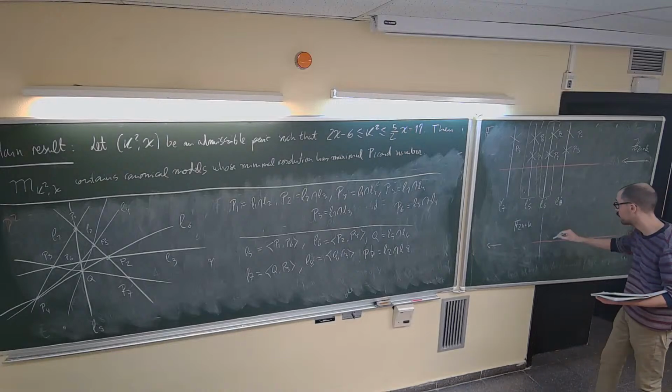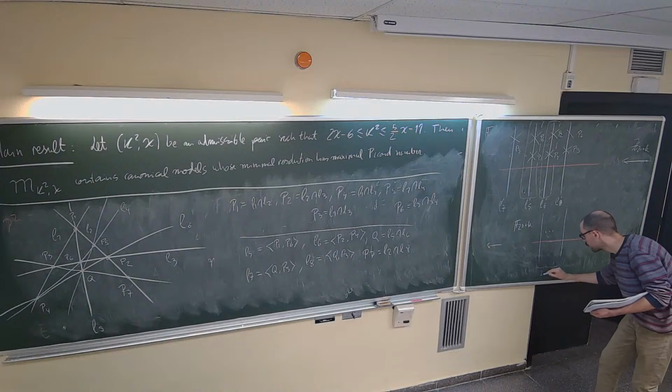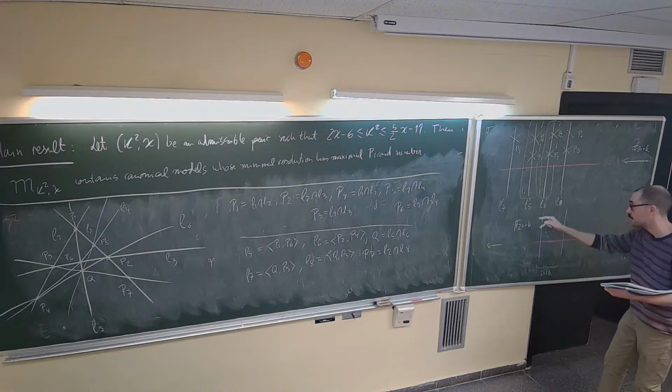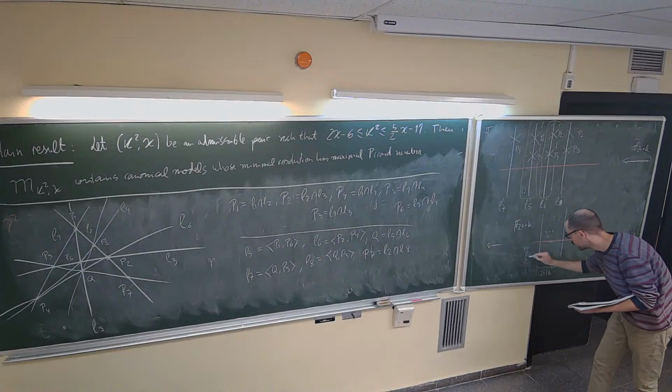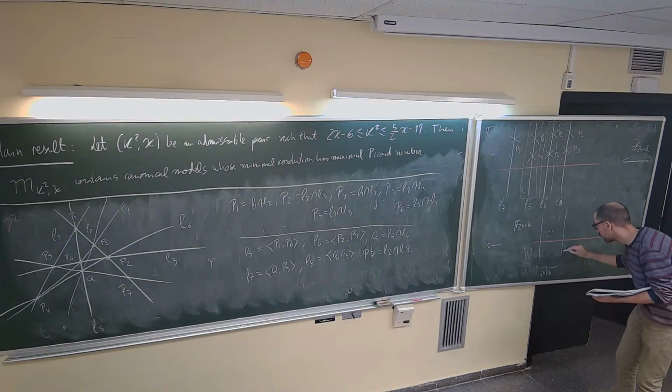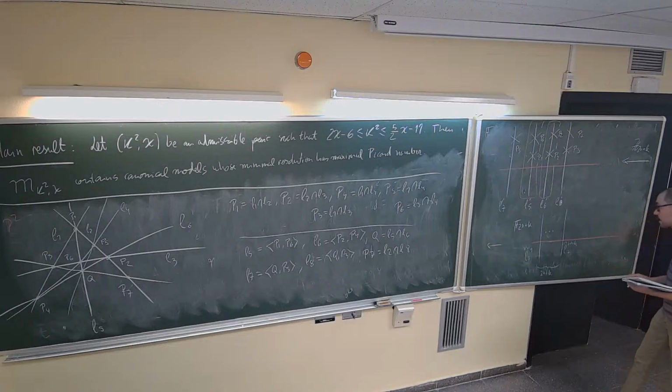So we will have 2n plus k copies of this fiber L7. The same happens for L8. We will have 2n plus k copies.